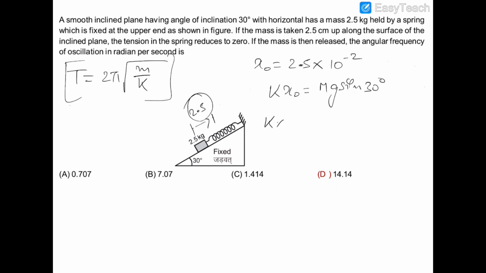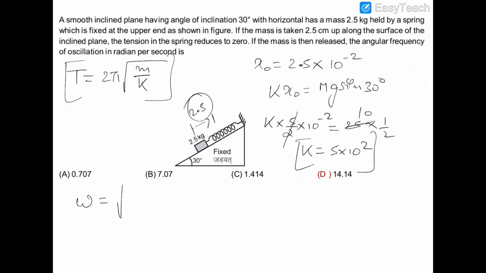So k into x naught is 5 by 2 into 10 raised to power minus 2, and mg is 25 and sine 30 is half. So this is 10 and k will be equal to 5 into 10 raised to power 2, which is 500. So the angular frequency omega will be equal to under root k by m.